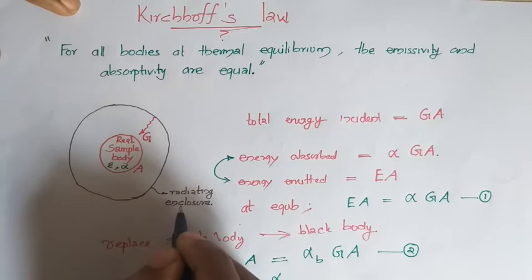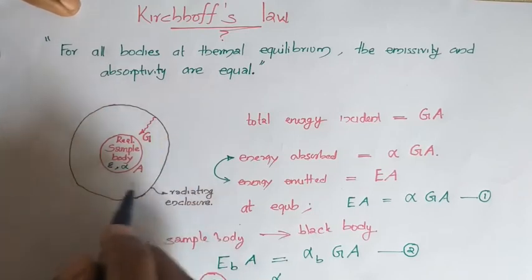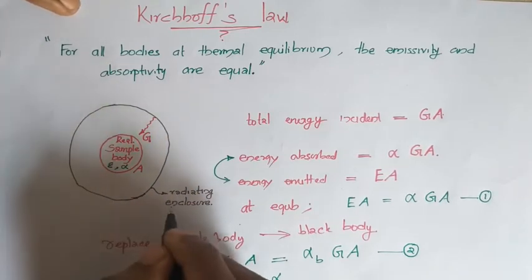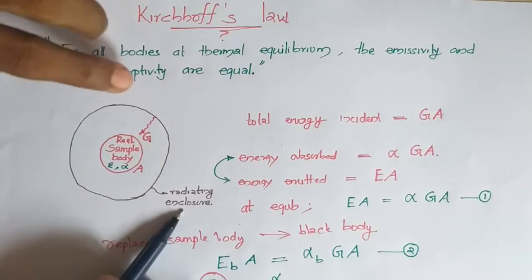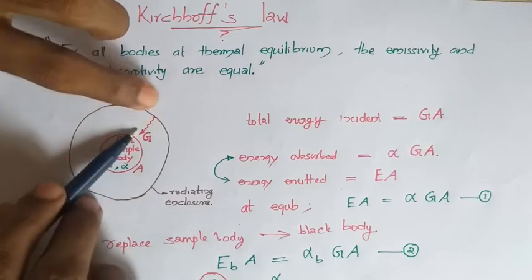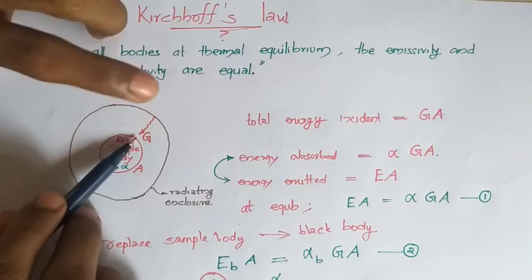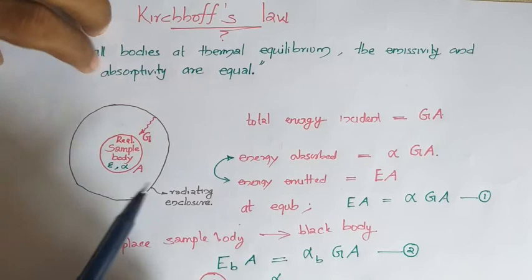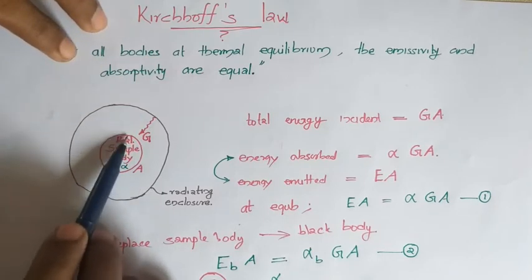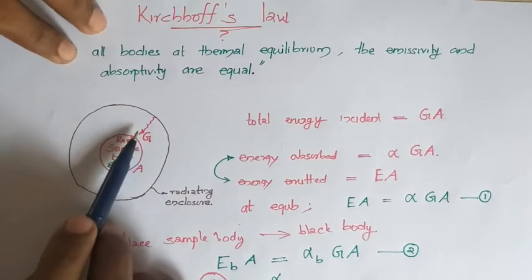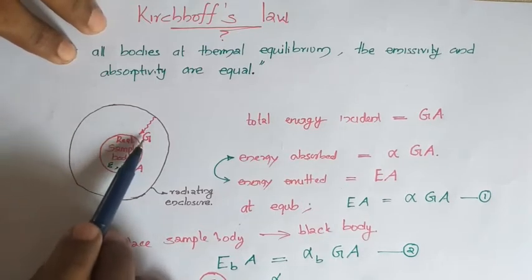Since the surrounding enclosure within which this real body is placed is capable of radiating, meaning it can emit energy, this radiating energy will be falling on the surface of the real body. So this will be acting as the incident energy for this real body, which I will be calling irradiation. The irradiation on this real body is named G, as we define it per unit area.